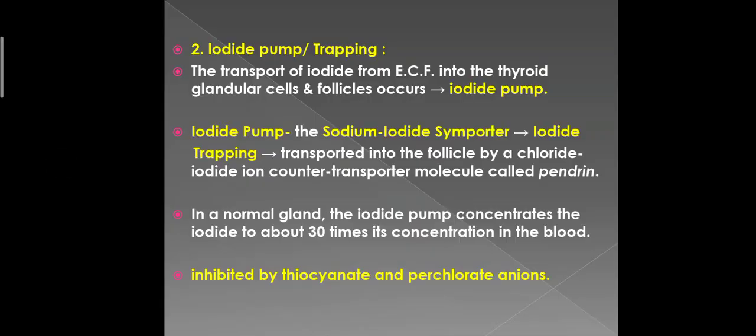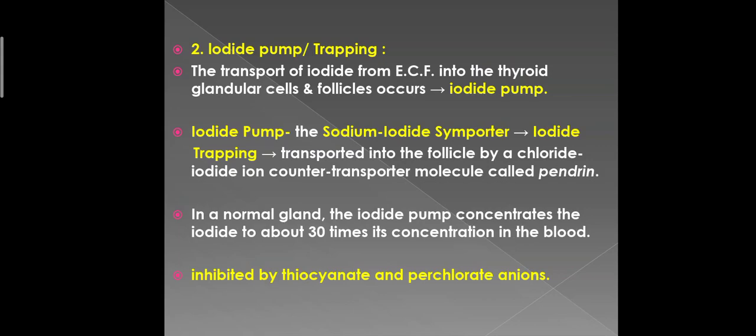The next thing is the iodide pump, that is, the transport of iodide ions from the ECF or from blood into the thyroid glandular cells and then into the follicles. This is known as the iodide pump. The basal membrane of the thyroid cell has the specific ability to pump iodide actively to the interior of the cell. This pumping is achieved by the sodium iodide symporter.